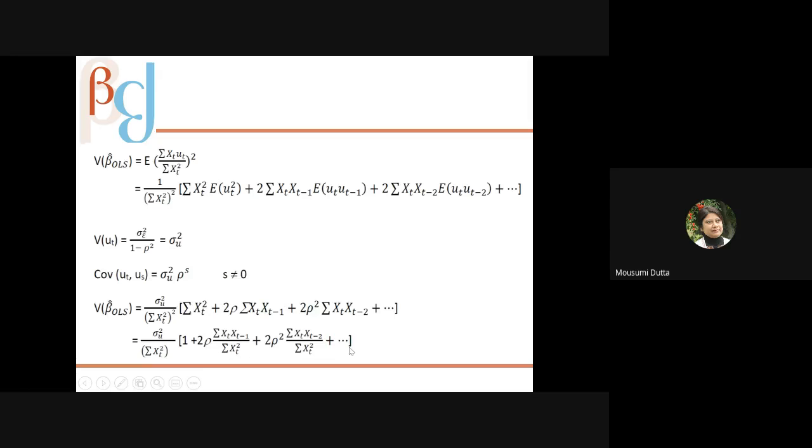For the rest of the terms, we are getting this structure. I'm dividing the entire series by summation xt square and multiplying it with summation xt square. Or you can say that one summation xt square I'm keeping here, by another summation xt square I'm dividing the entire thing. And I am getting this representation: 1 plus 2 rho summation xt xt minus 1 divided by summation xt square, 2 rho square summation xt xt minus 2 divided by summation xt square. So it will go on like this.